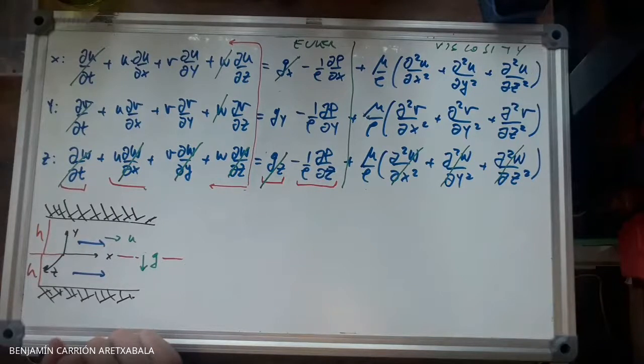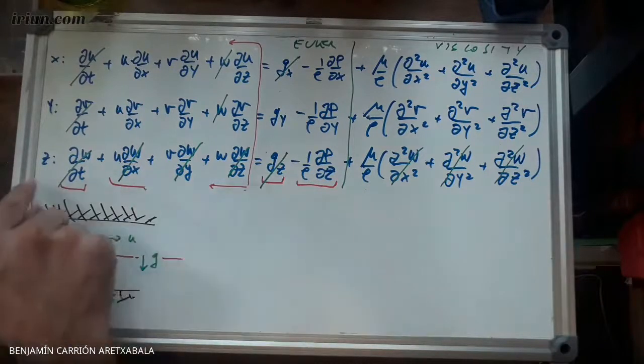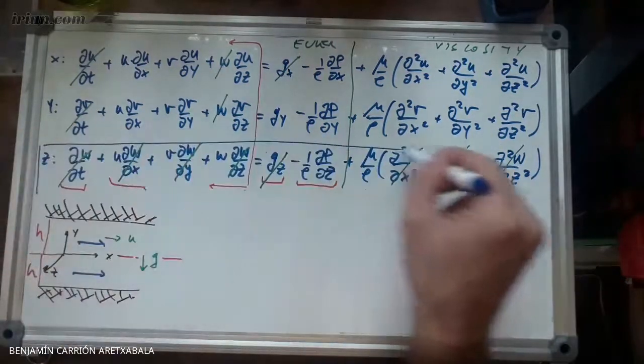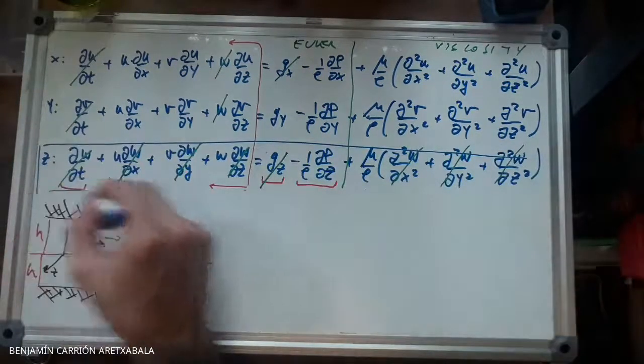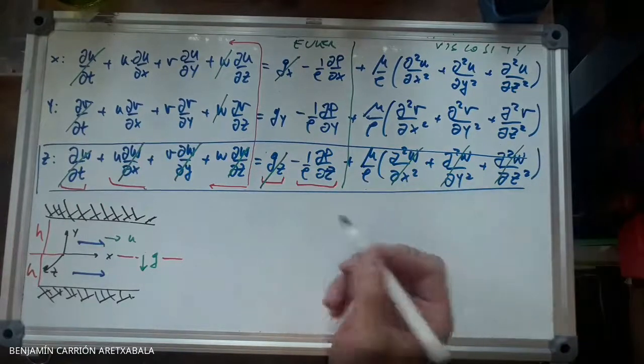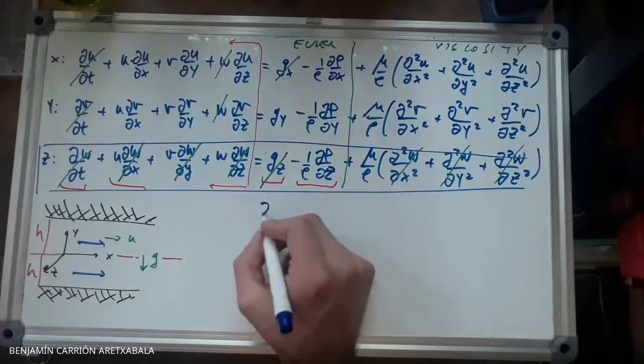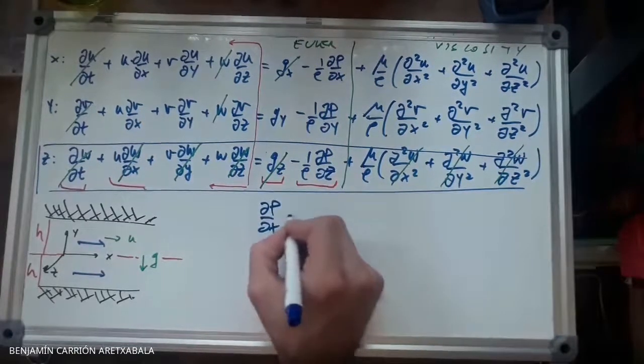So what you can see is that from the bottom equation on z, here we only have that dp/dz is zero.